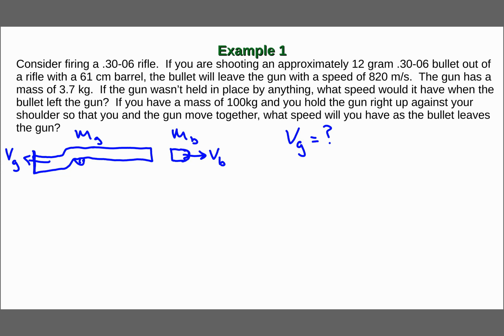If it's just the mass of the gun, then the gun goes flying back. Like if you left a little gap between the gun and your shoulder, then the gun goes flying back and basically punches you in the shoulder, okay? It's pretty uncomfortable. So what we're going to do is solve for the speed that the gun would go flying back with if you don't brace against it, and compare it to the speed when you pull it right up tight against your shoulder and then shoot the gun, okay?